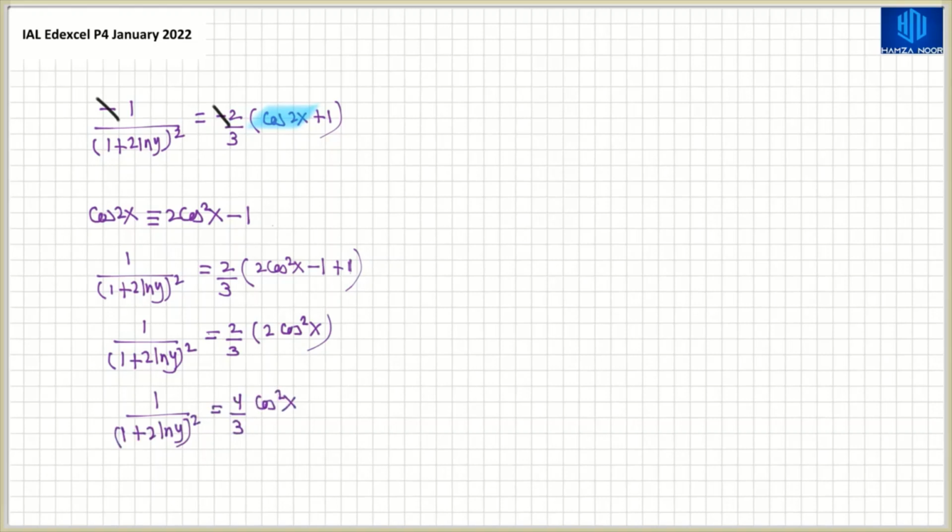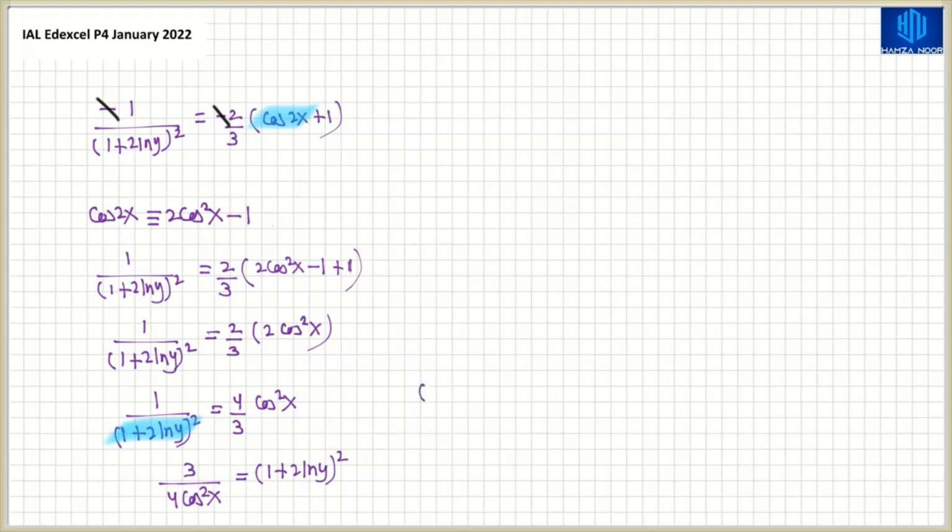So now I'm going to make (1 plus 2 ln y) whole squared the subject of the equation. Okay, so 3 over 4 times cos square x is equals to (1 plus 2 ln y) whole squared. And in place of 1 over cos square x, we can write sec square x.